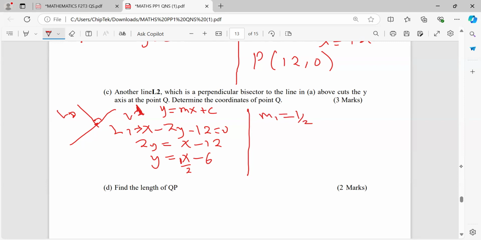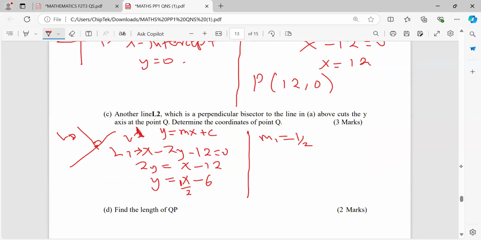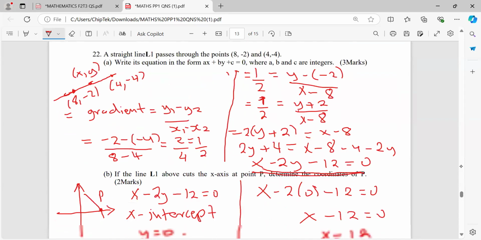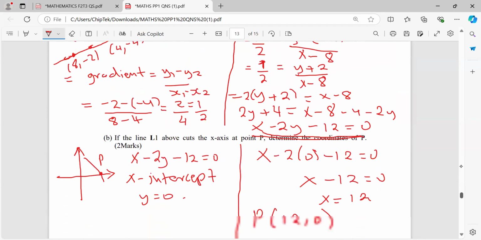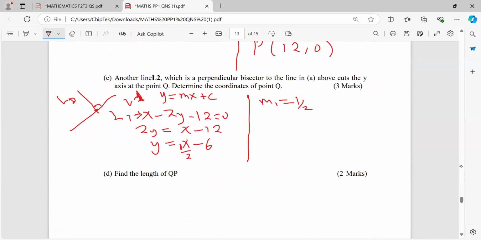And then tutafute hiyo midpoint ya L1. Ni rahisi kupata. Tutachukua hii plus hii divided by 2. Hapo tumeambiwa 8, negative 2 na 4, negative 4.